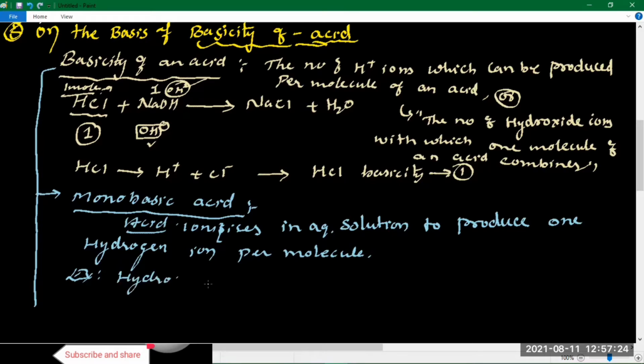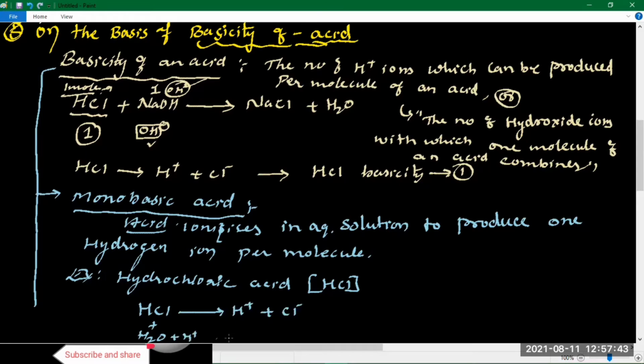Hydrochloric acid is a monobasic acid. Why? Because hydrochloric acid has the formula HCl. When HCl is dissolved in water, it produces only one hydrogen ion and a chloride ion. And hydrogen combines with the water and forms a hydronium ion.